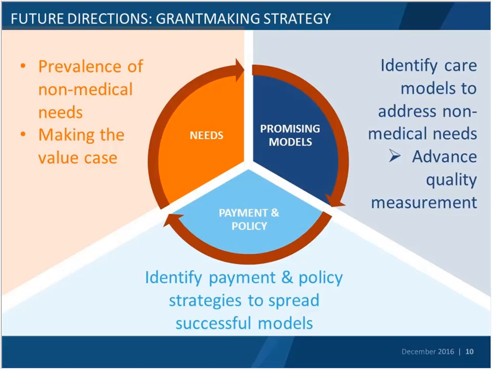And I would just note that an important part of helping health systems and providers and payers being able to address these needs is the quality measurement piece. The ability to measure social needs and to measure progress on that, to measure whether or not they're being addressed and the contribution of that to improving health outcomes is really key.